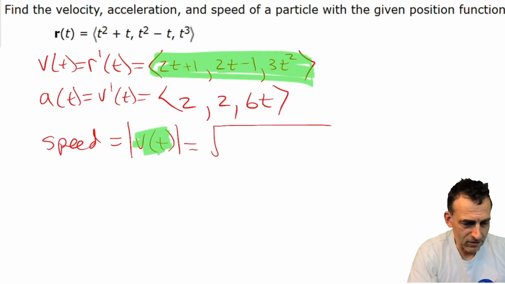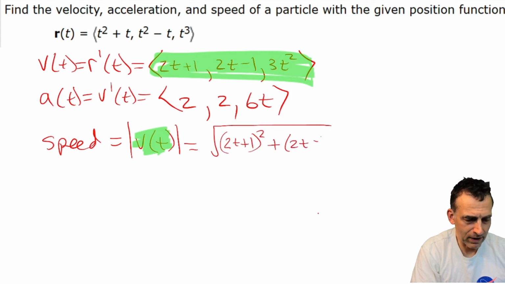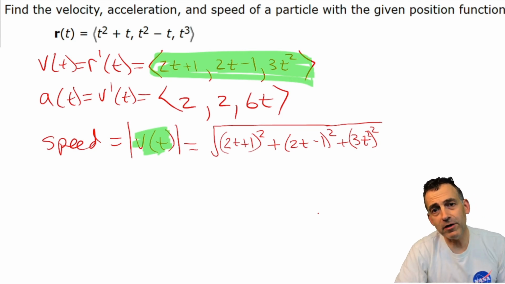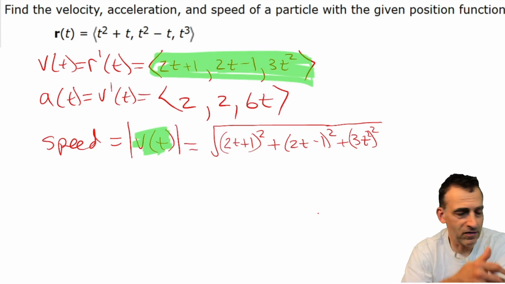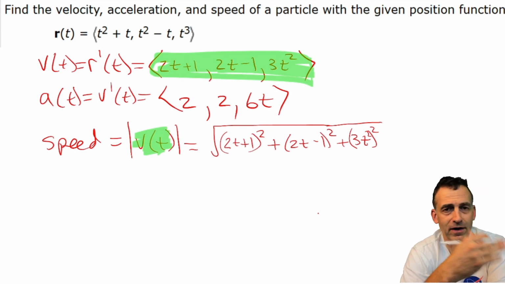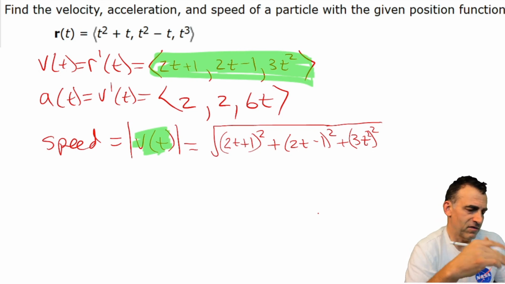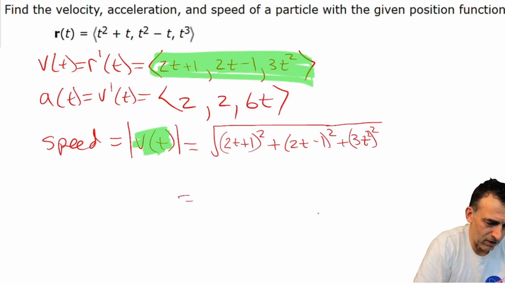So getting back to the actual problem, we have 2t plus 1 quantity squared plus 2t minus 1 quantity squared plus 3t squared quantity squared. Now this one I am going to simplify because I use this same vector function for another example later on, actually in the next video. So it's going to be helpful if I simplify this. So let's go through the motions here. It won't take too long.